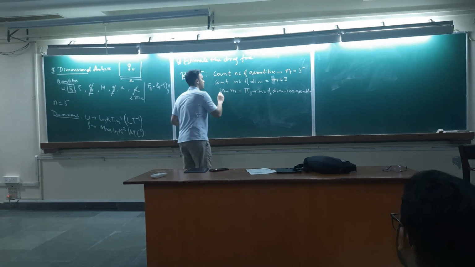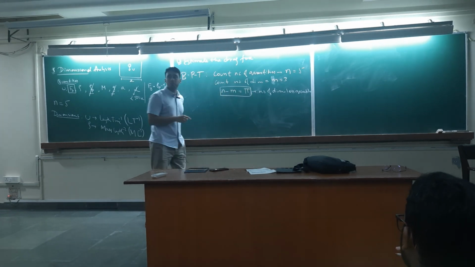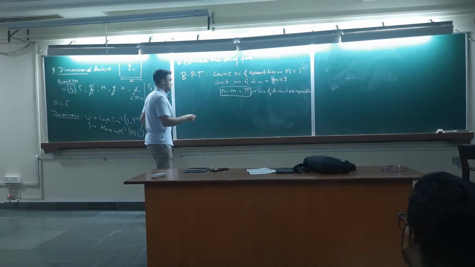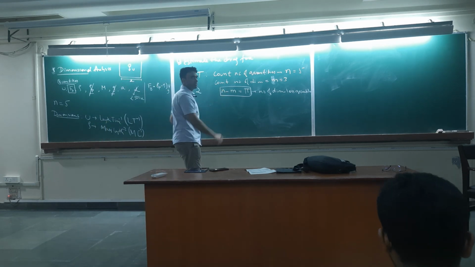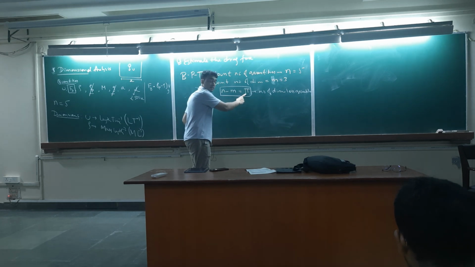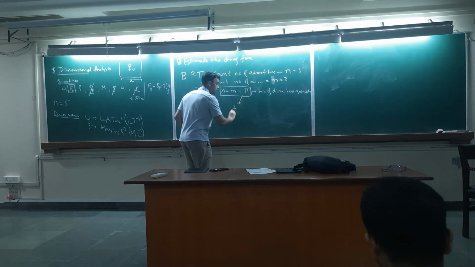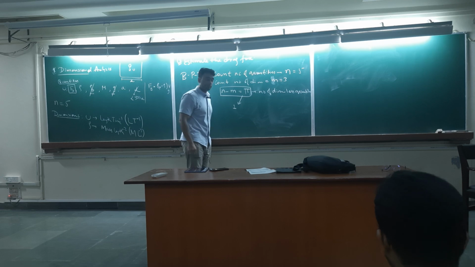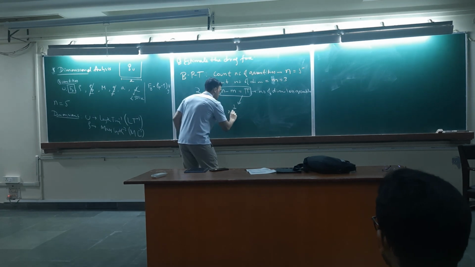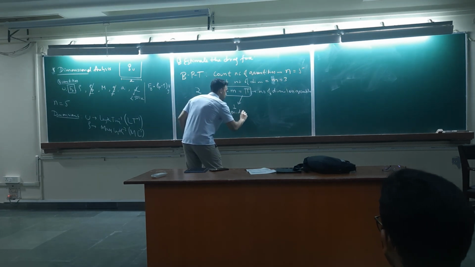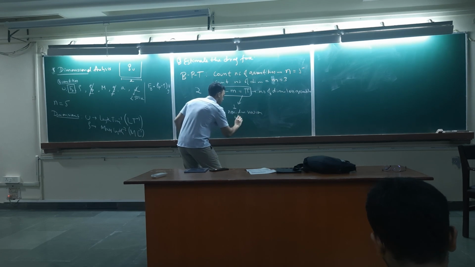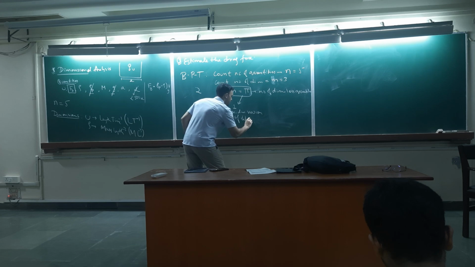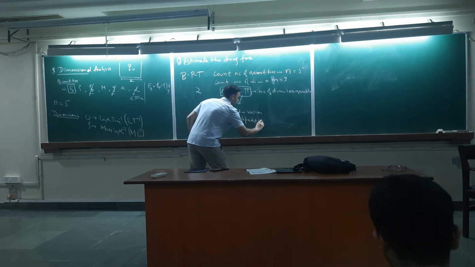N minus m is 2. In this case, how many non-dimensional quantities are there? 2. It further says that out of this pi, one of them will be a non-dimensional version of the dependent quantity.